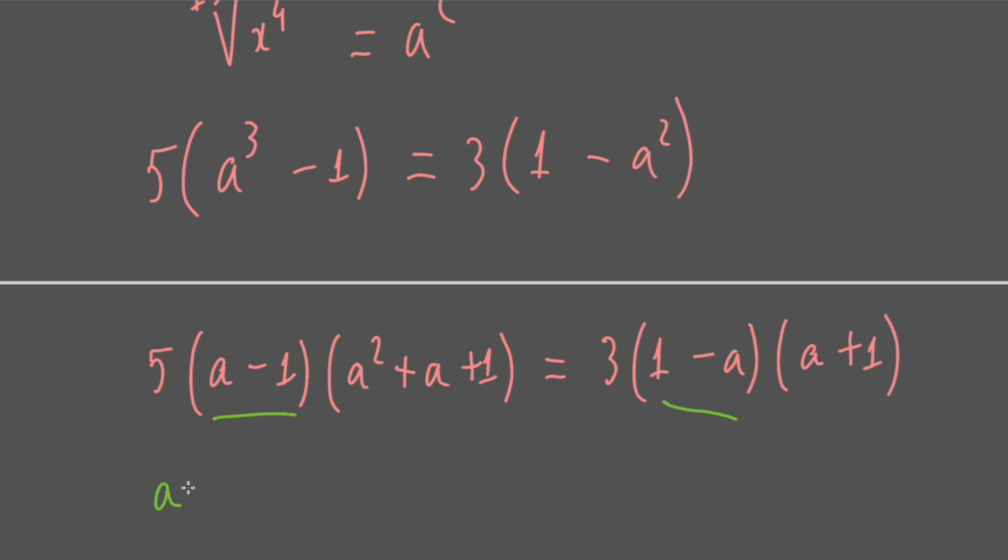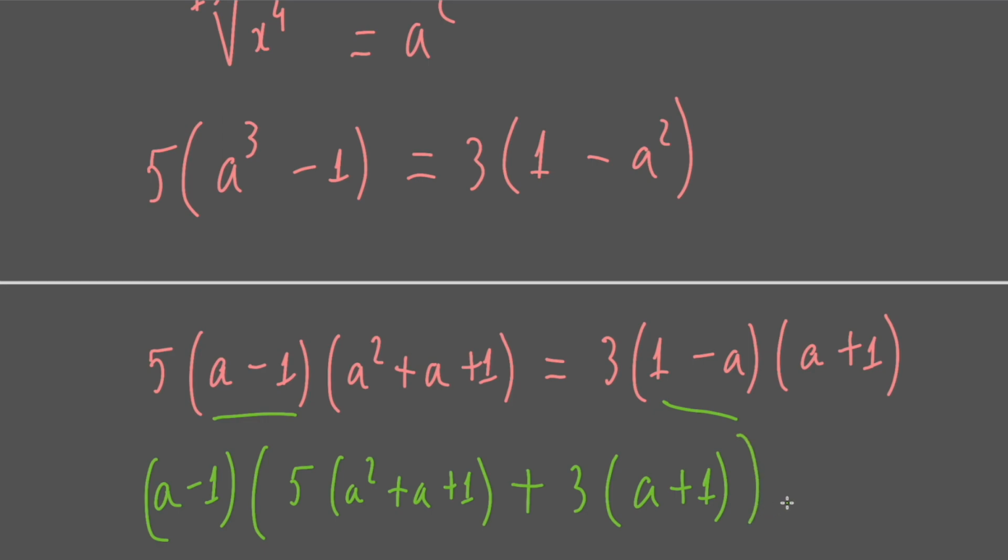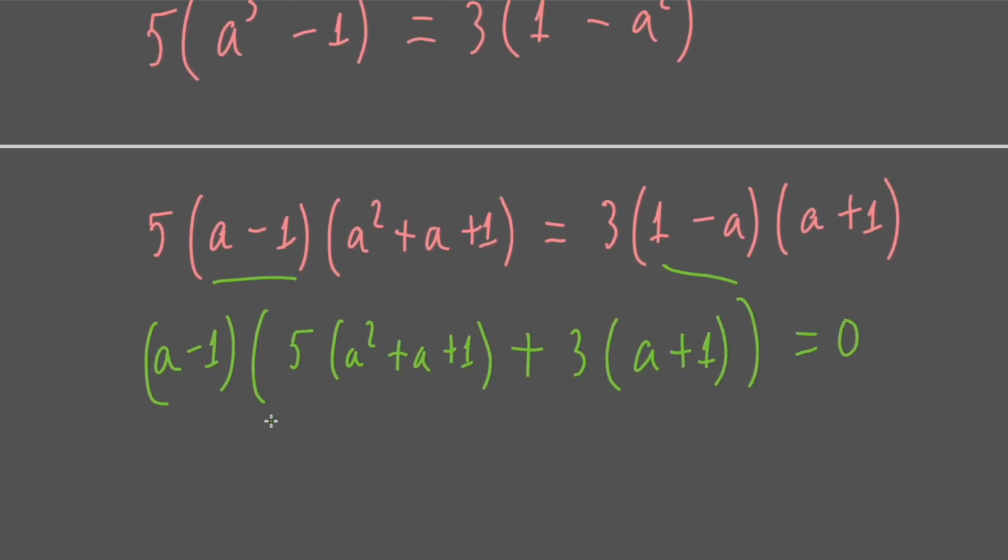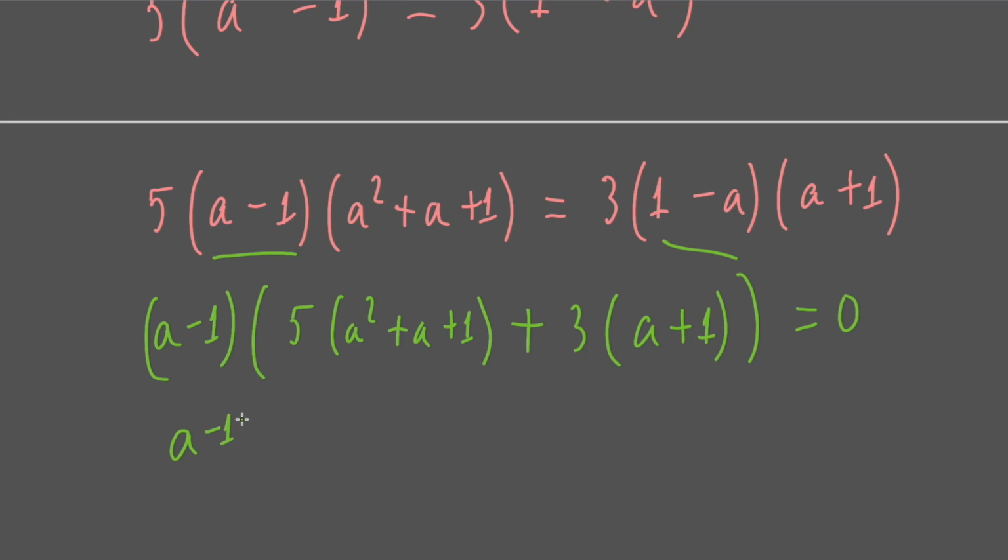We have a minus 1 outside, multiplied by the other expression, 5 times a squared plus a plus 1, plus 3 times a plus 1, equal to 0. Simplifying inside the bracket, we have 5a squared plus 8a plus 6 equal to 0.